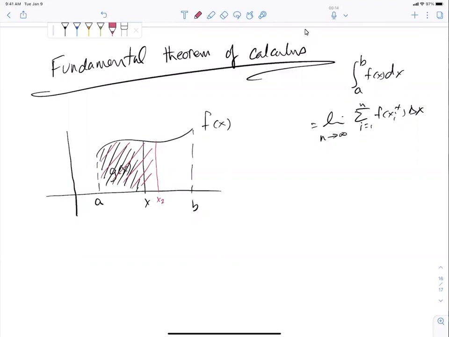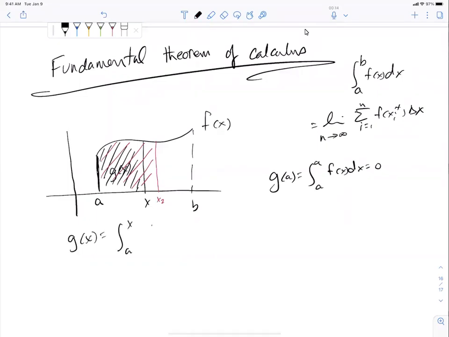A quick observation: I guess you all agree that g of a would be the integral from a to a of f of x, which is 0. But in general, I define g of x to be the integral from a to x of f.